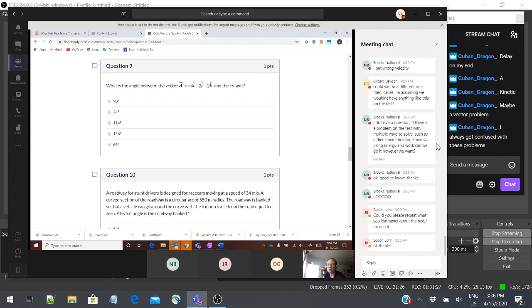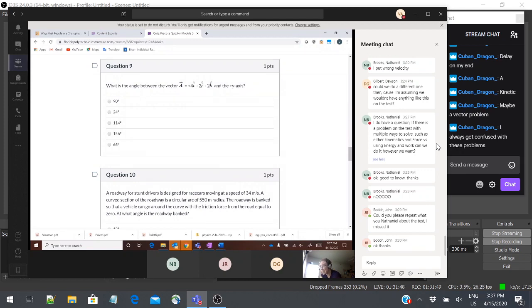And then you say, okay, which of these is going to give me an angle? Adding and subtracting doesn't really get you an angle, but dot product or cross product will get you an angle. And then the question is, which one is easier?